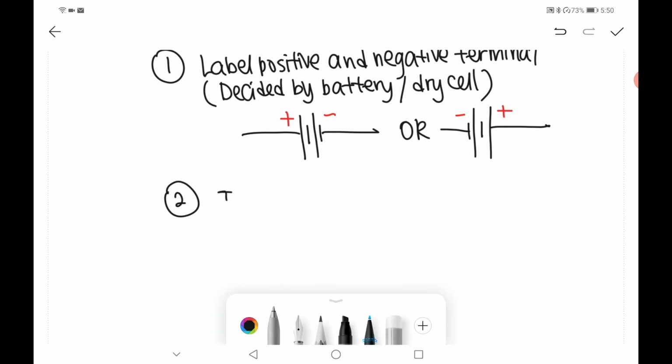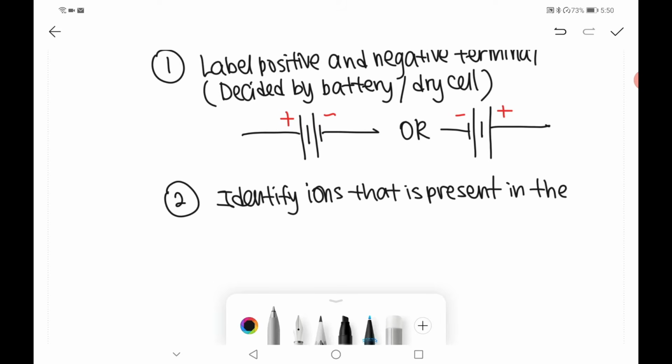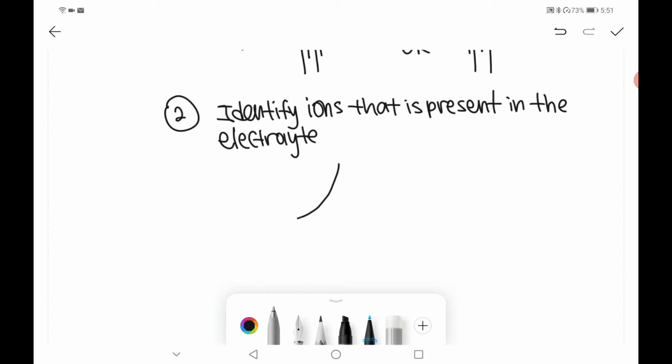the next thing we must be able to identify is what kind of ions are present in your electrolyte. So what ions do we have inside the electrolyte? For example, let's say we have this electrolyte, and this electrolyte is molten zinc oxide.